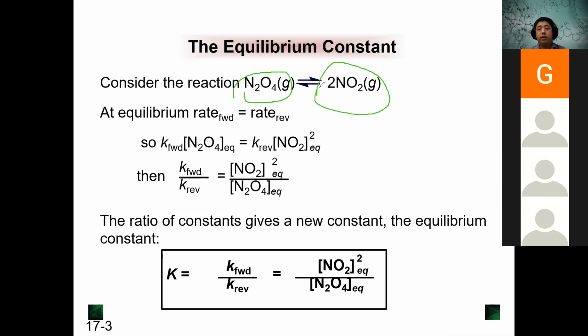What about this one right here? What is the coefficient? And where do we see this 2? In the exponent, okay? So when it comes to equilibrium, I don't want you to get confused with kinetics. Everything we just talked about in kinetics, we still have the same rules that apply. But when we talk about equilibrium, the coefficient becomes your exponent.